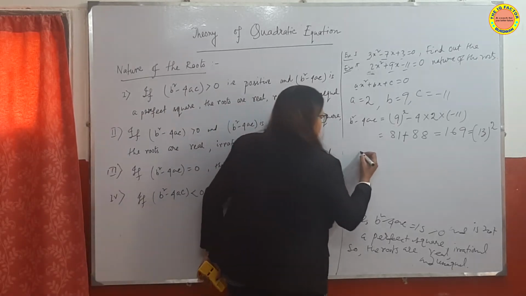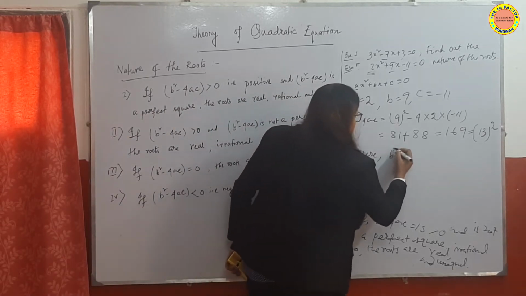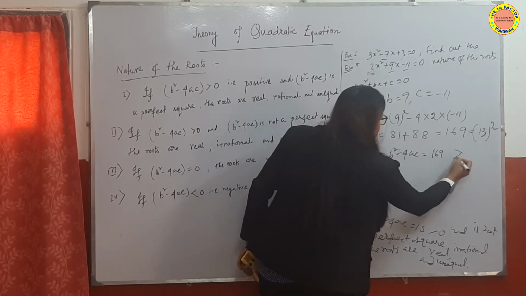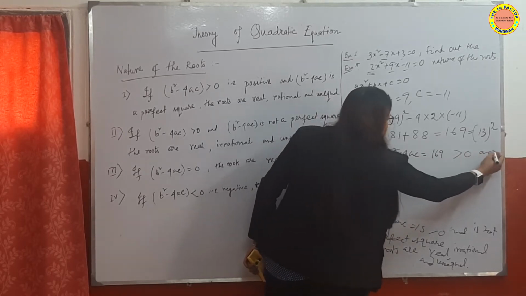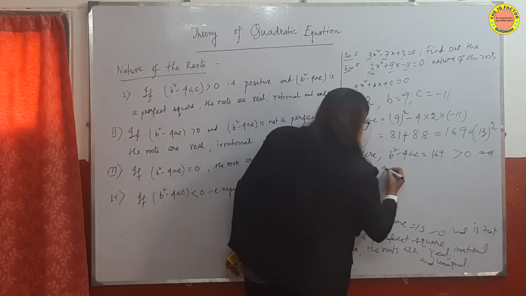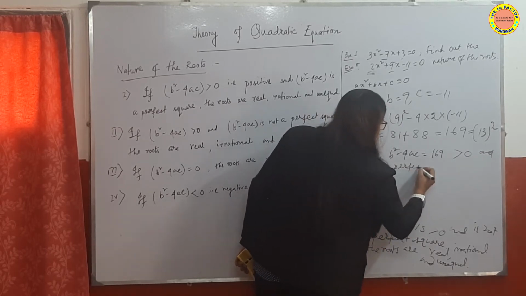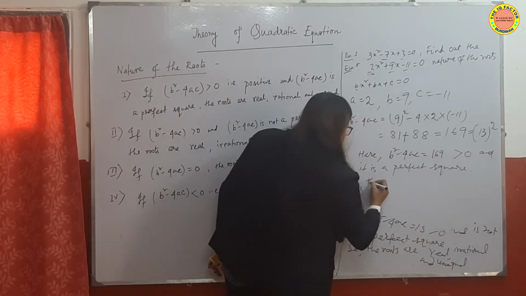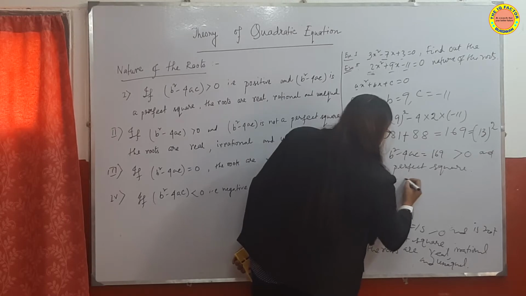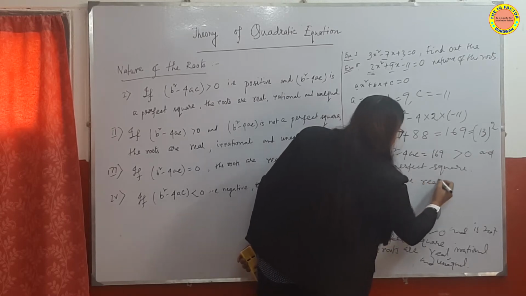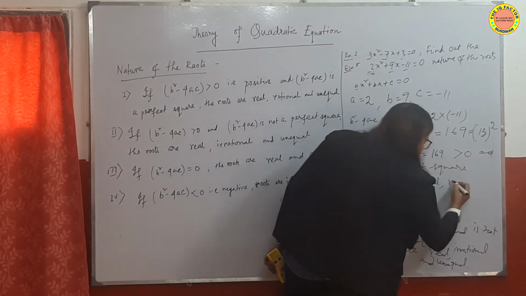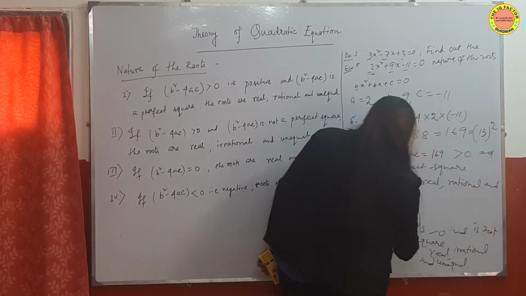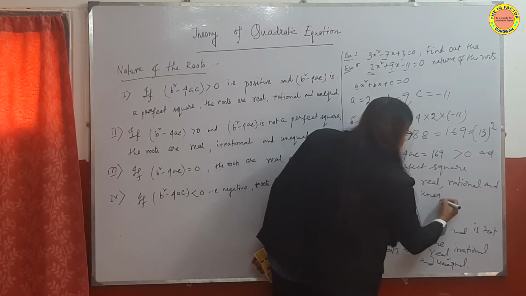So, we will write here b square minus 4ac, which is 169, greater than 0, and it is a perfect square. So, the roots are real, rational and unequal.